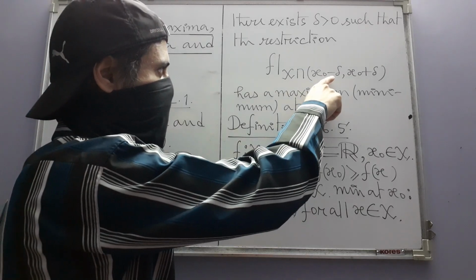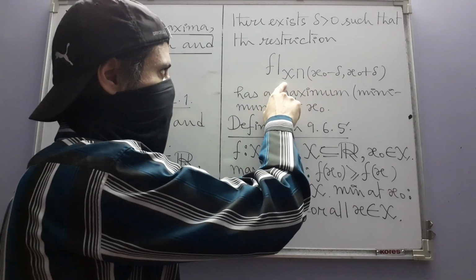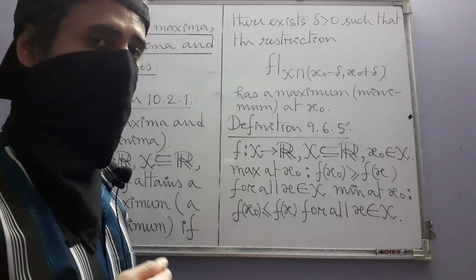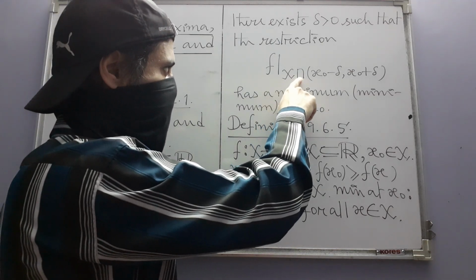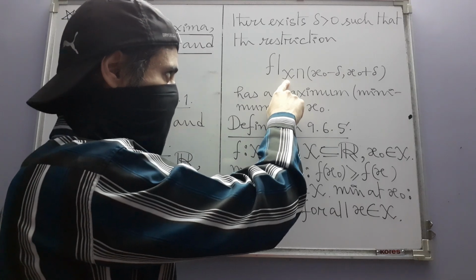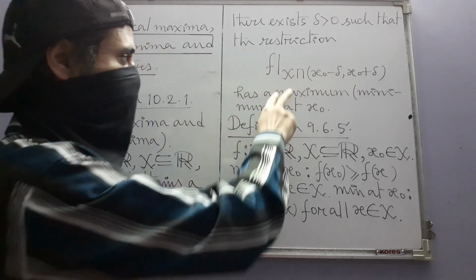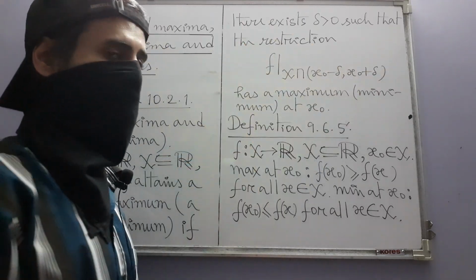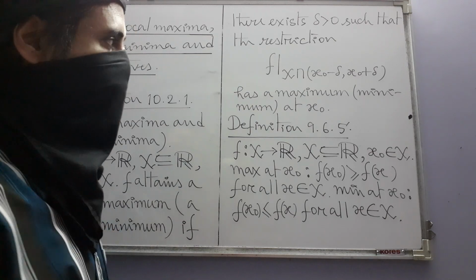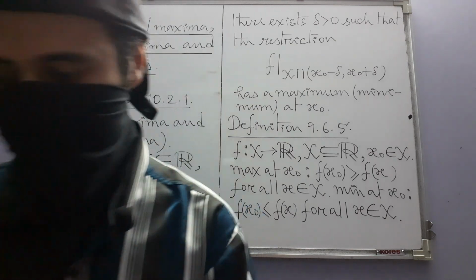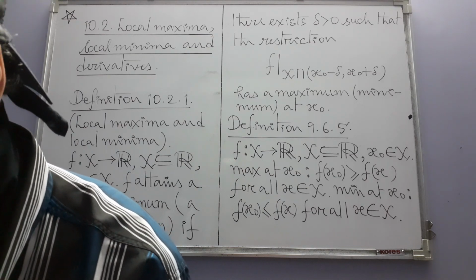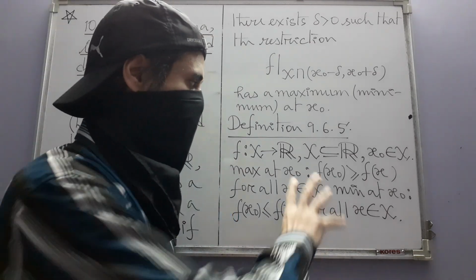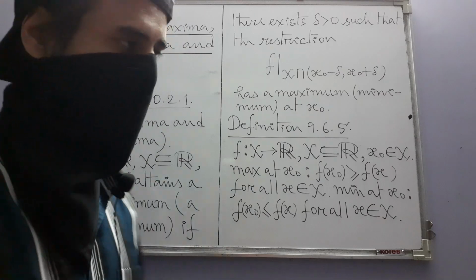Note, however, that in order for the restriction to be meaningful, we take the intersection of the domain of f, which is X, and this small region around x naught. Let me just give you an idea of how this is different from this notion.